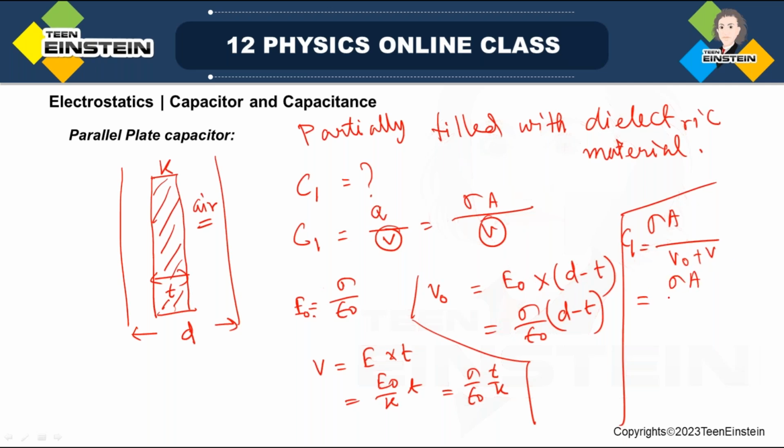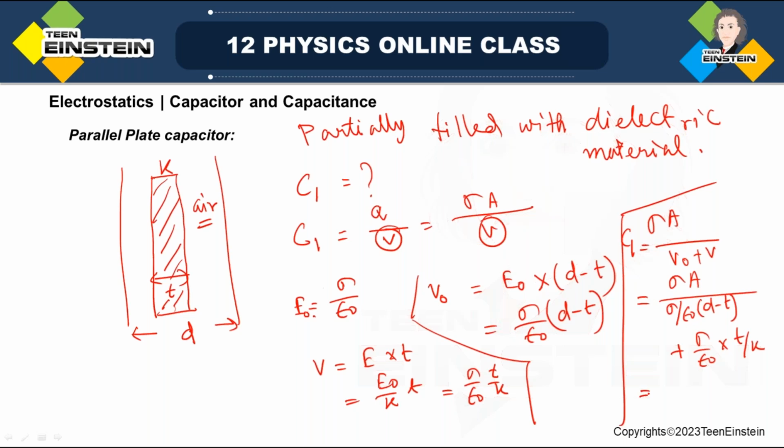So sigma into A divided by, V0 is sigma by epsilon 0 into D minus T, and this is sigma by epsilon 0 into T by K.